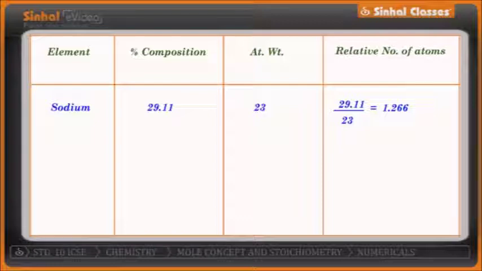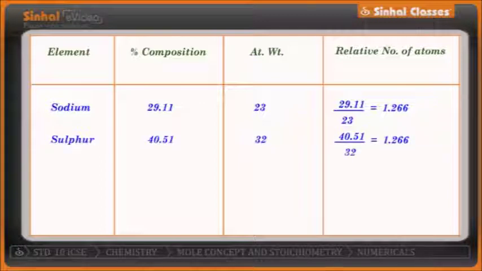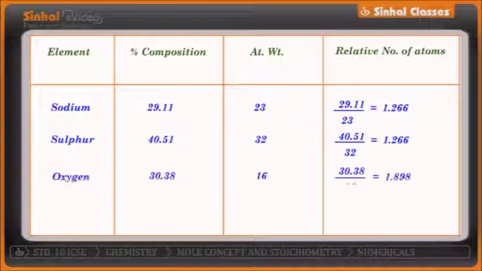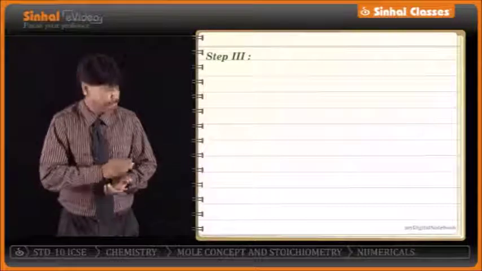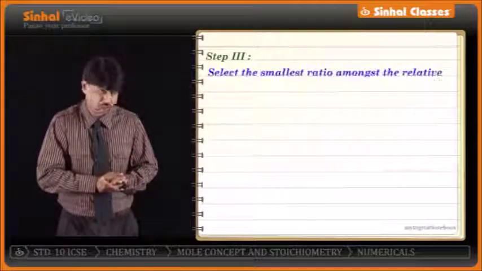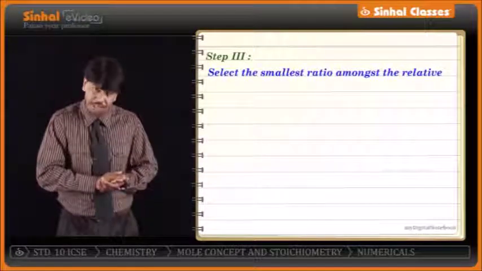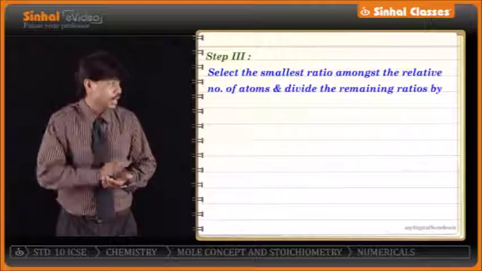Similarly, sulfur percentage is 40.51 divided by its atomic weight 32. The relative number of atoms is 1.266. Oxygen percentage is 30.38 divided by atomic weight 16. It will give you 1.898.